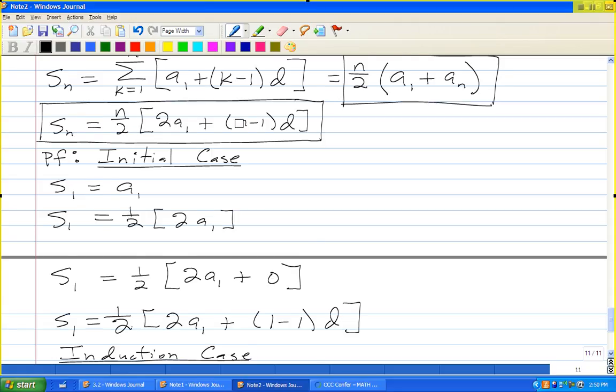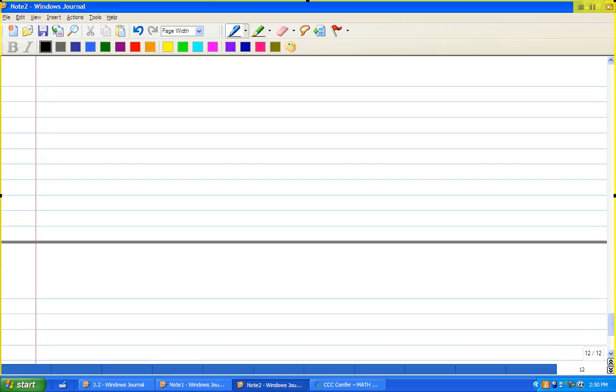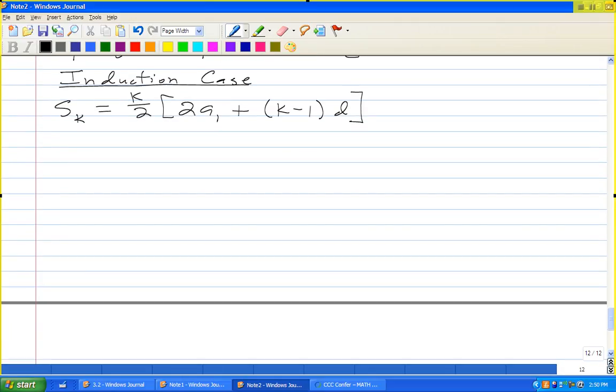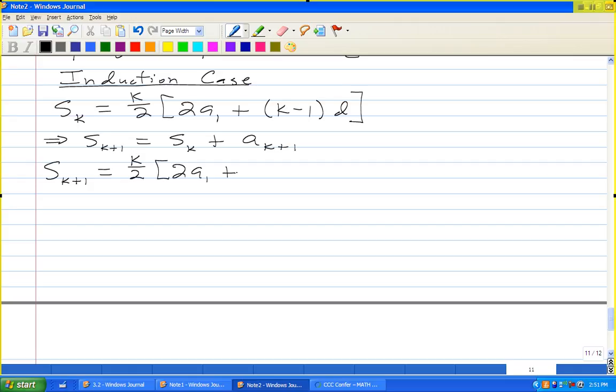And so if the kth formula works, let's show that it also holds for k plus 1. Well, by definition of the partial sums, I have that S sub k plus 1 is S sub k plus a sub k plus 1. But by the above formula, I have that S sub k is k over 2 times (2a1 plus (k minus 1) times d).